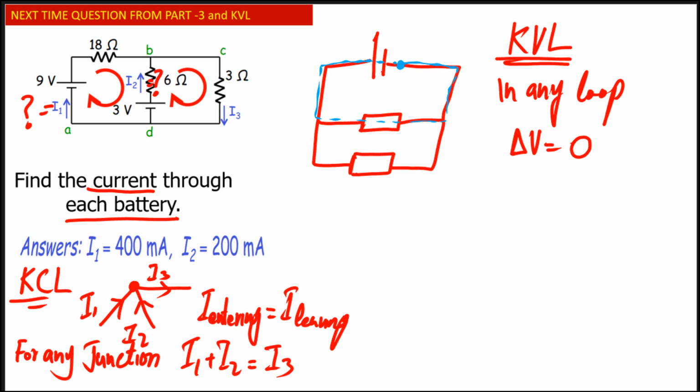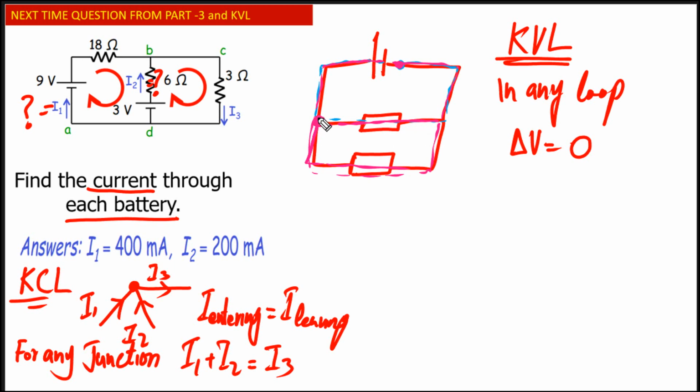We can also define a loop a little bit differently. Let's say I start from this point again, I go like this and I come back to the same point. So this is also one loop. Or I start from this point, I go this way and come back to the same point.